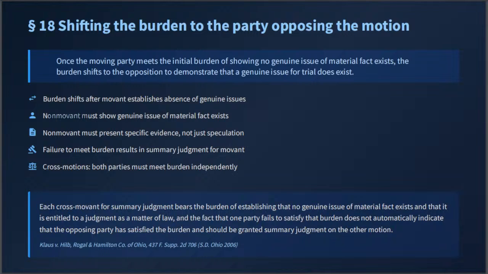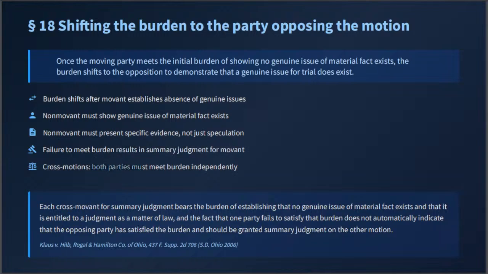Then the non-movant must show a genuine issue of material fact exists. So we're going to see how to do these things. The non-movant must present specific evidence, not just speculation. So no unsupported speculation, conclusory allegations, or improbable inferences. Failure to meet the burden results in summary judgment for the movant.